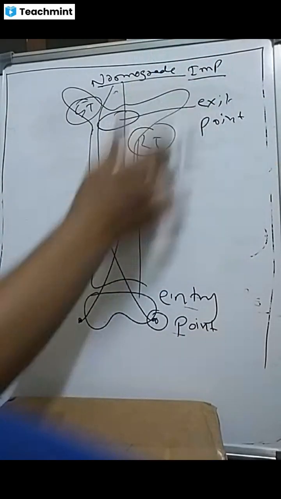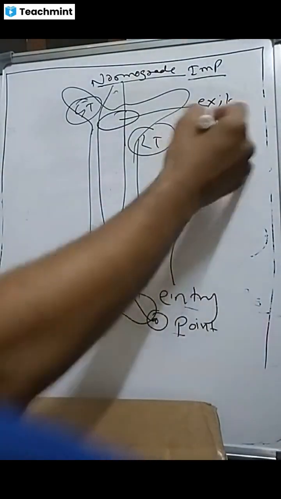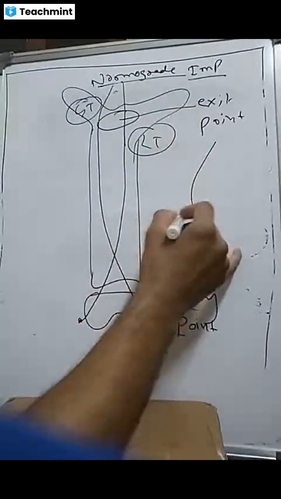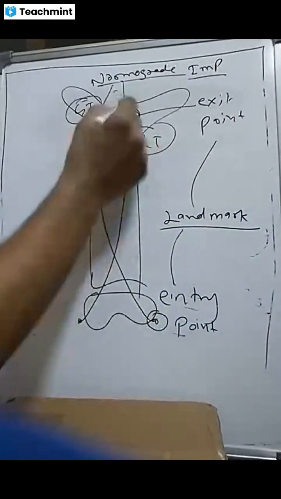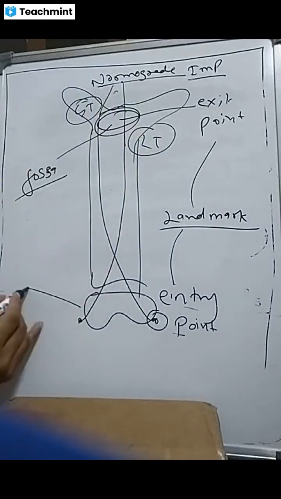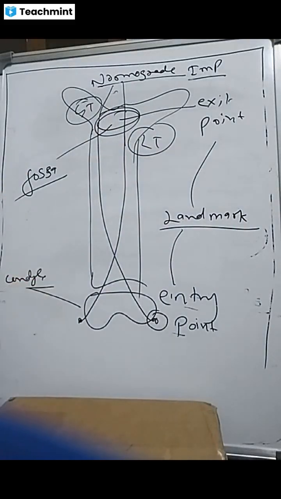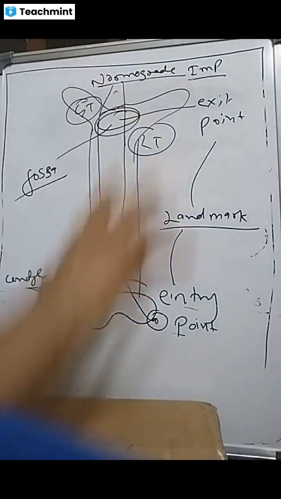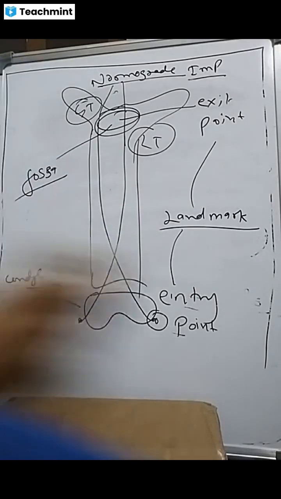So what are these points? These points are nothing. This landmark is known as the fossa, and this is known as the condyle. So these basic anatomical terms, these are just two examples of using these terms for our orthopedic surgery.